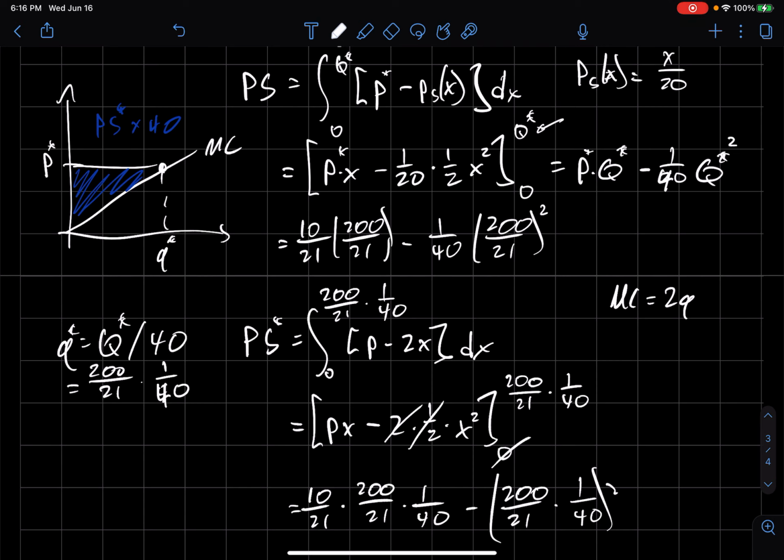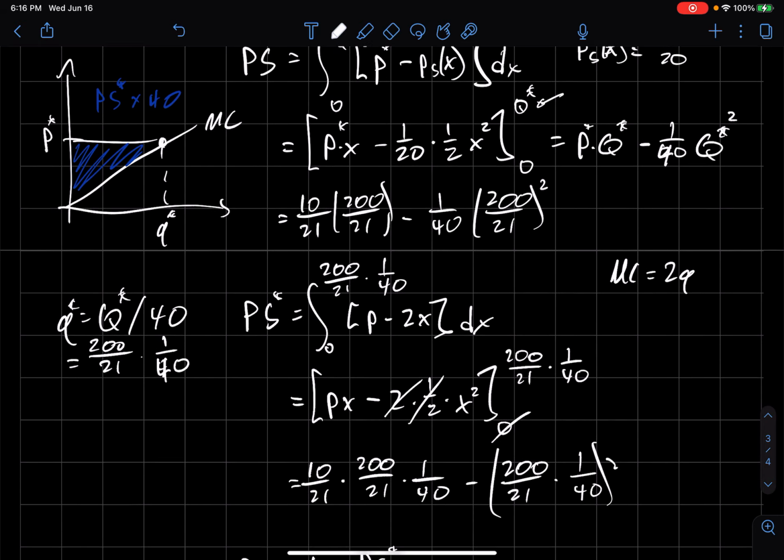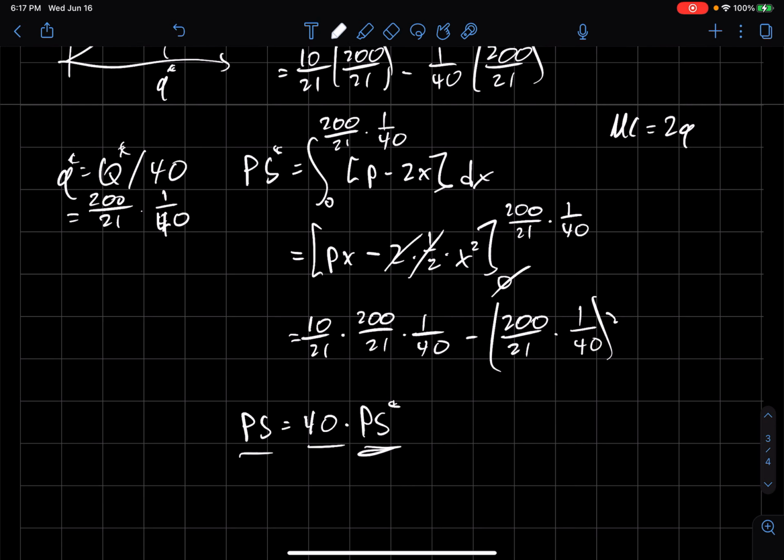Okay, so the producer surplus for the market is 10 over 21 times 200 over 21 minus 1 over 40 times 200 over 21 squared.